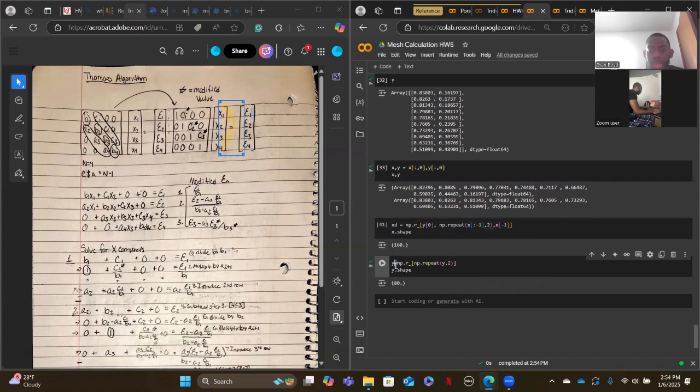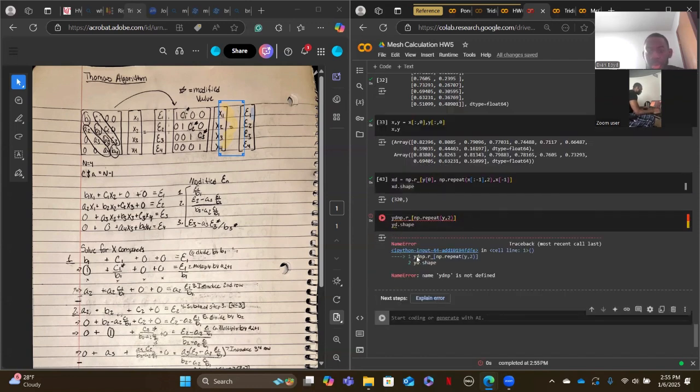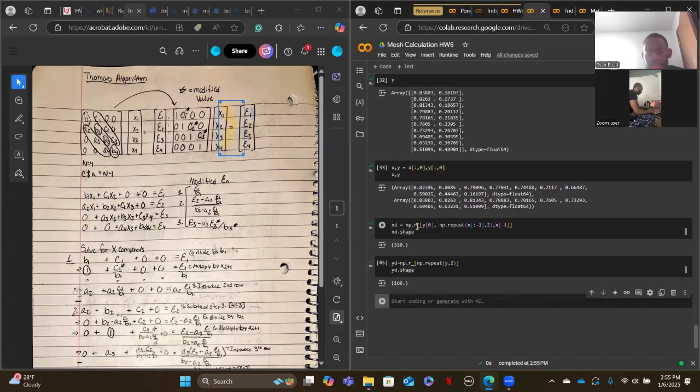I'll call this XDs, so I know I'm grabbing the right one. 320. Why is it doing this? I don't know. We should only have 20 points. I don't know why it's 160 points.